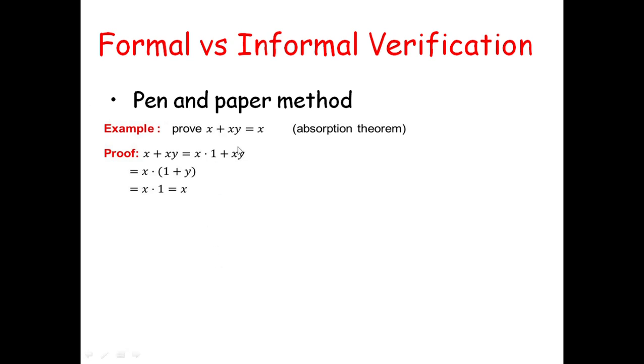These variables are Boolean variables. They can take just two values, 0 and 1. And we have two Boolean operators. These two Boolean operators are symbols for two Boolean operations: plus is logical OR, and there is an operator dot, which for simplicity is not used, that is logical AND.